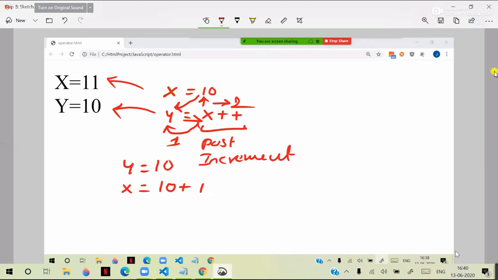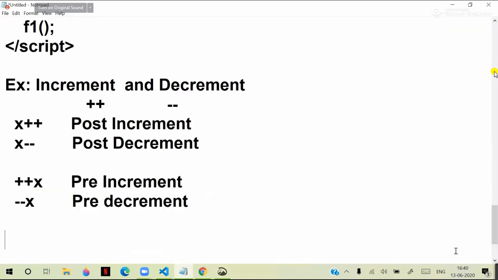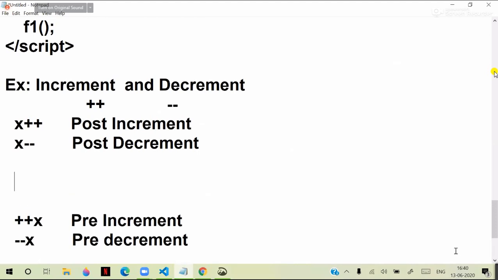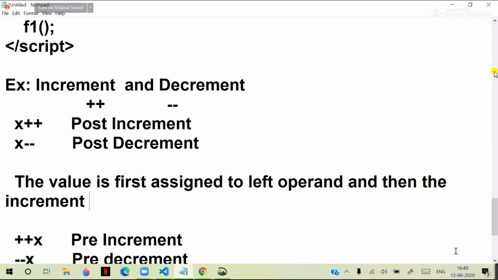I hope everyone understood. Technically, post increment or post decrement means the value is first assigned to the left operand, then the increment or decrement will happen.